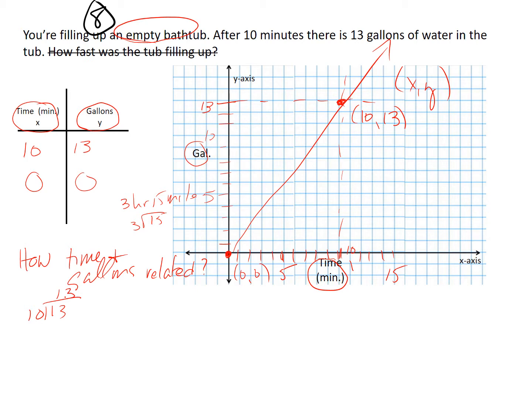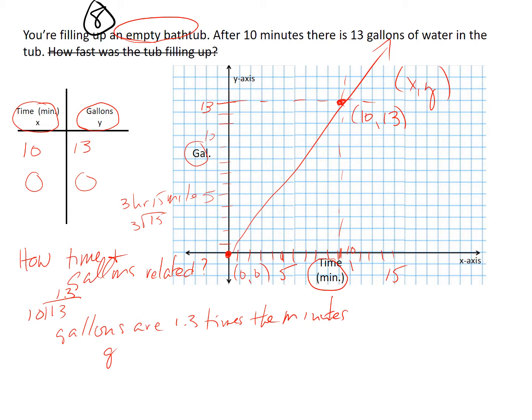So what that means is that the gallons, writing this in English, are 1.3 times the hours, or the minutes in this case. The gallons are 1.3 times the minutes. We can see this from the table. So now we're going to shorten this up. Instead of writing all this, we're going to algebraize it, make it algebra-like.